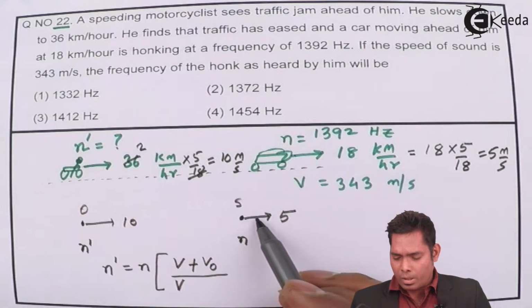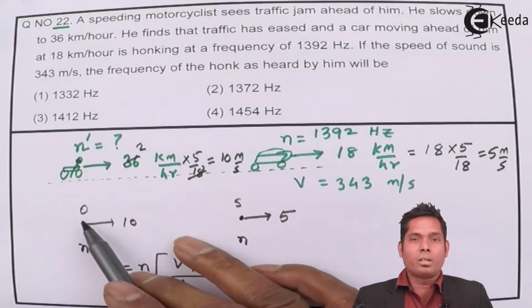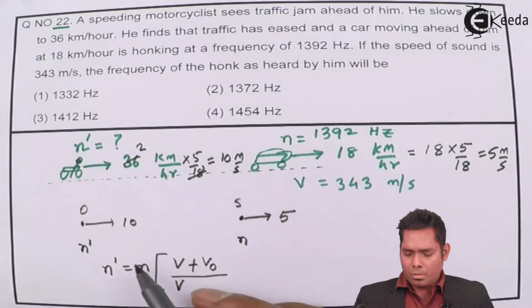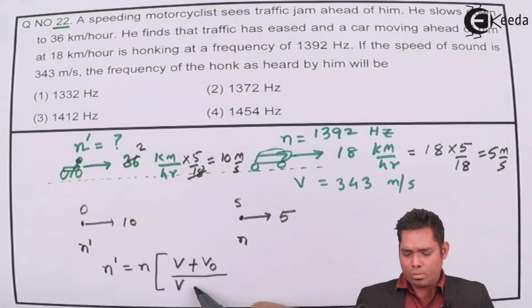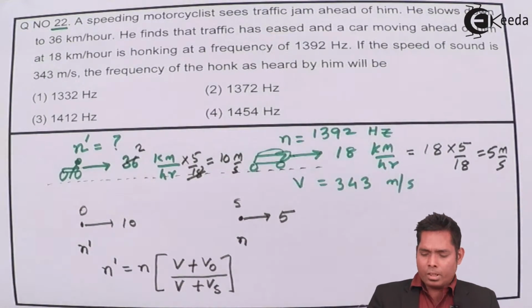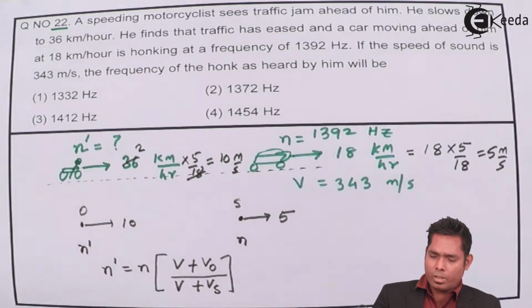But the source is moving away from the observer, which means frequency is decreasing. For this to decrease, the denominator has to be positive, so plus the source velocity. This is the formula we are going to use here to get the answer.